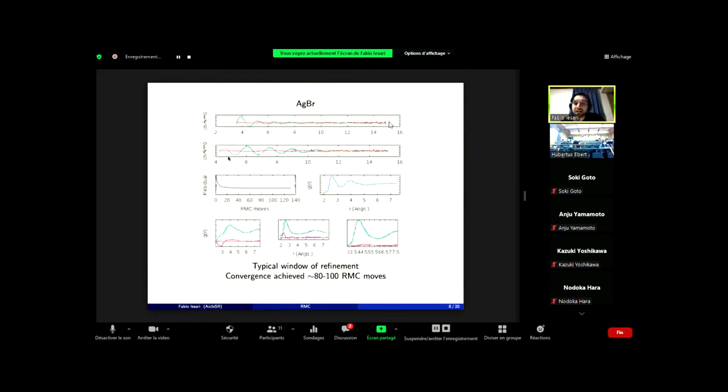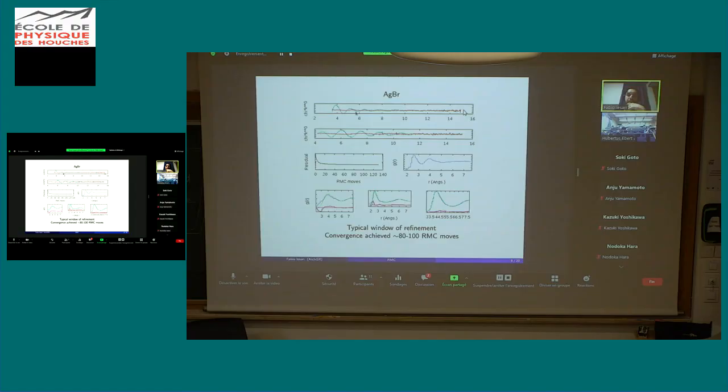So okay, this is a typical window when the program is running. Here in this case is silver bromide. This is double edge fitting. So here we have the silver edge, and this is the bromine edge, and here you see the residual. As I was saying before, initially the residual will go down.